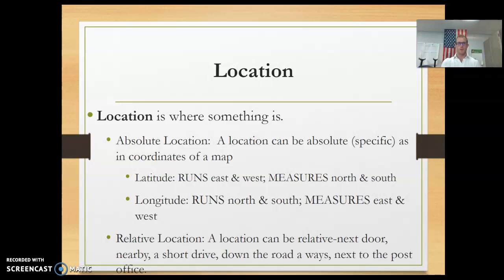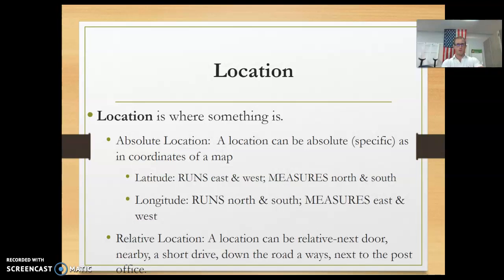There's absolute location, like specific coordinates on a map, the latitude and longitude lines. The latitude lines run east and west, and they measure north and south of the equator. The longitude lines run north and south, so they're up and down, and they measure east and west of the prime meridian.